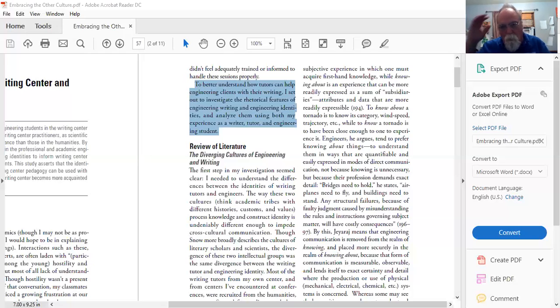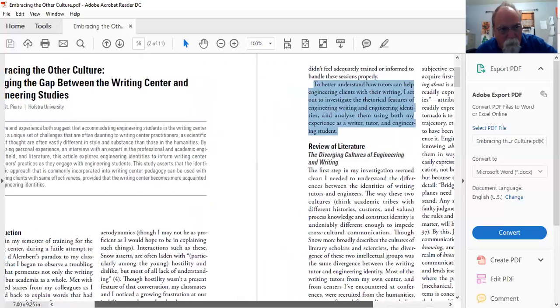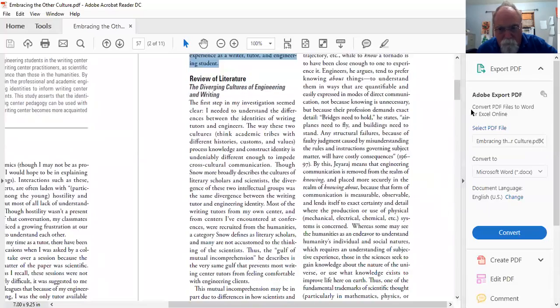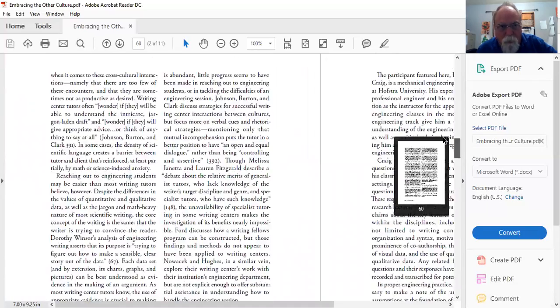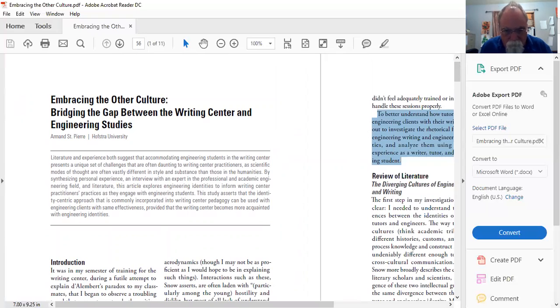One other thing that might be helpful to know: sometimes you read a source, it's important, it's useful, and you want to put in the gist or the main point of the article, but you don't have any specific quote you want to use, so you write a summary. You might say something like, Robert St. Pierre spent a year at Hofstra University tutoring engineering students in writing.